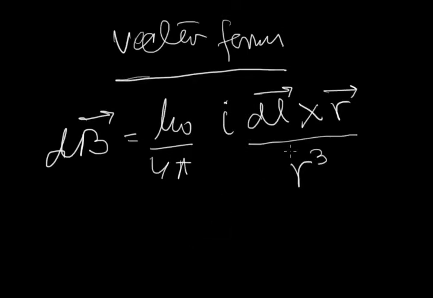When del L cross R, we write it as del L sine theta R. This R and R cube cancel, making it R square, and here it is I del L sine theta. So that is how we write the field in vector form.